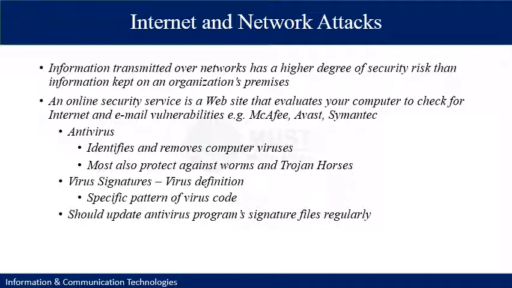These antiviruses identify and remove computer viruses, and most also protect against worms and Trojan horses. These include virus signatures and virus definitions, which are specific patterns of virus code. And you should update your antivirus program's signature files regularly.